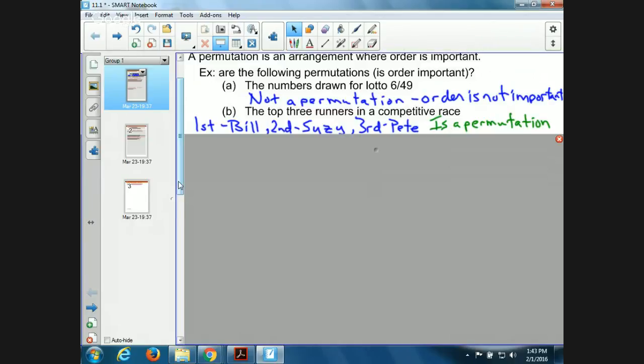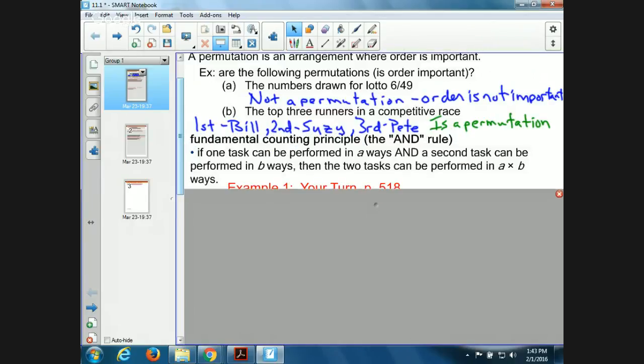Now, I get you to write something down, so maybe pause the video, jot this down, and we'll talk about it. Now, I'm assuming you've jotted this down. Let's read through it. Fundamental counting principle. The AND rule. AND is the key word here.